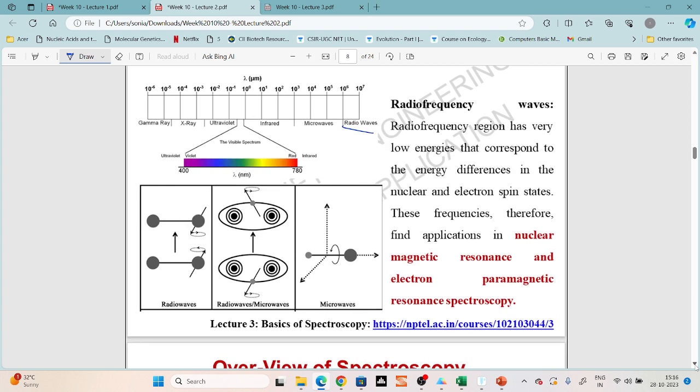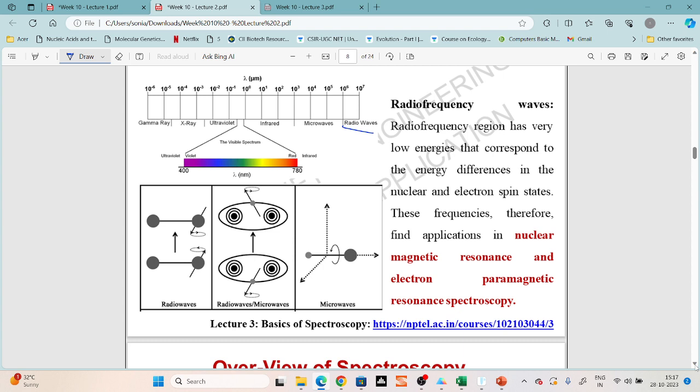So your nucleus is spinning. It can spin either in a clockwise direction or in an anti-clockwise direction. Similarly, your electron can also spin, just like the earth rotates and revolves both. In a similar manner, your nucleus also spins, and your electron also spins and rotates along the circumference.